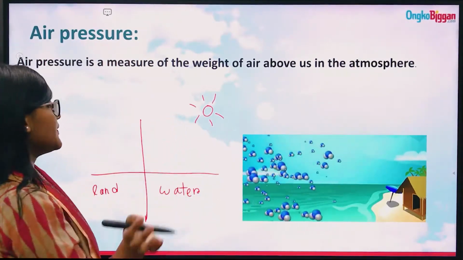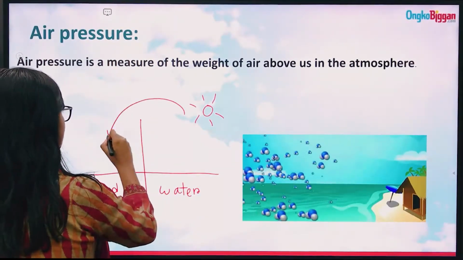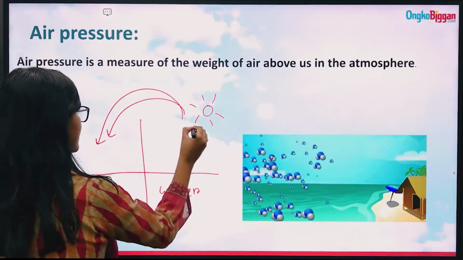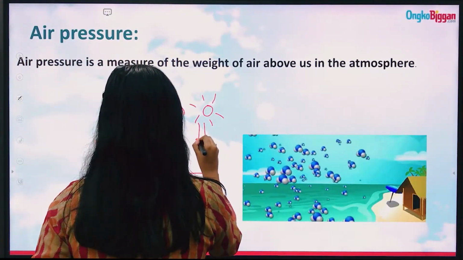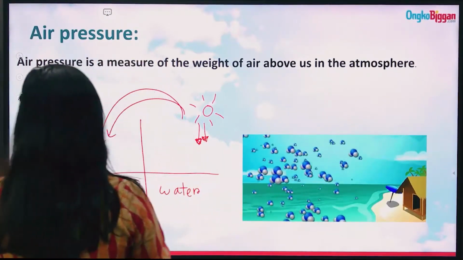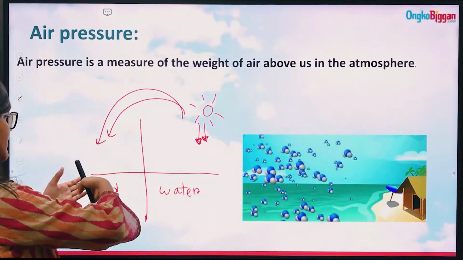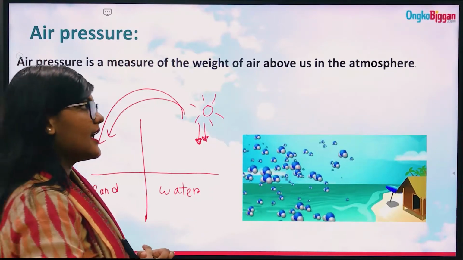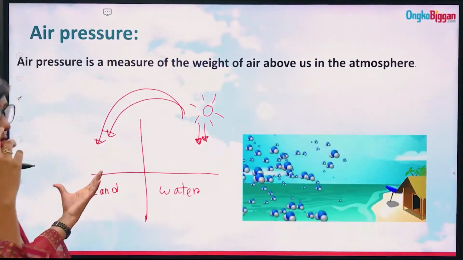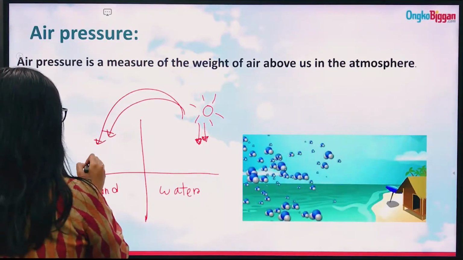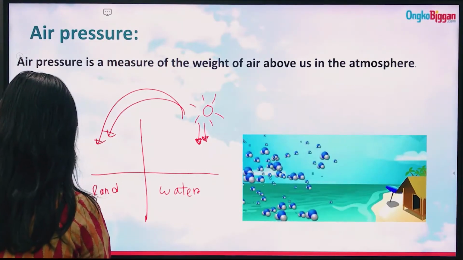Suppose in this area the heat of the sun is more than in that area. Due to getting more heat in the land area, it decreases the density over here. That means the air density decreases.